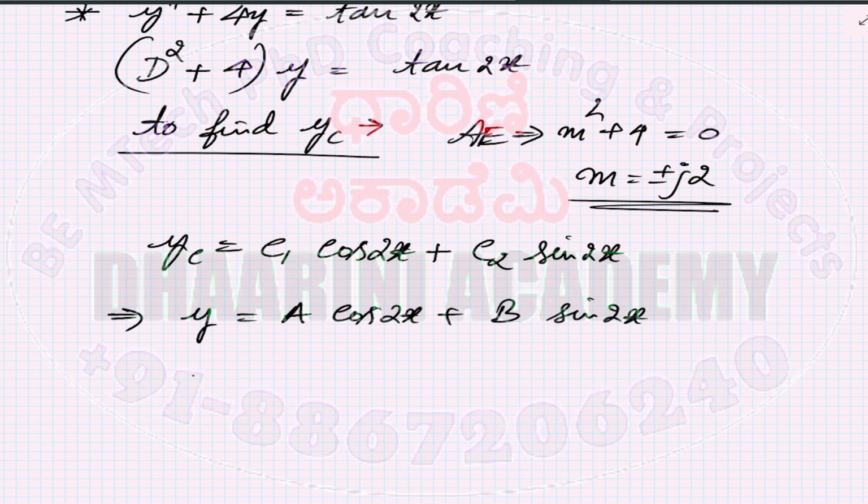Before we find a and b, we need y1. y1 is cos 2x, and we'll write y2, which is sin 2x.